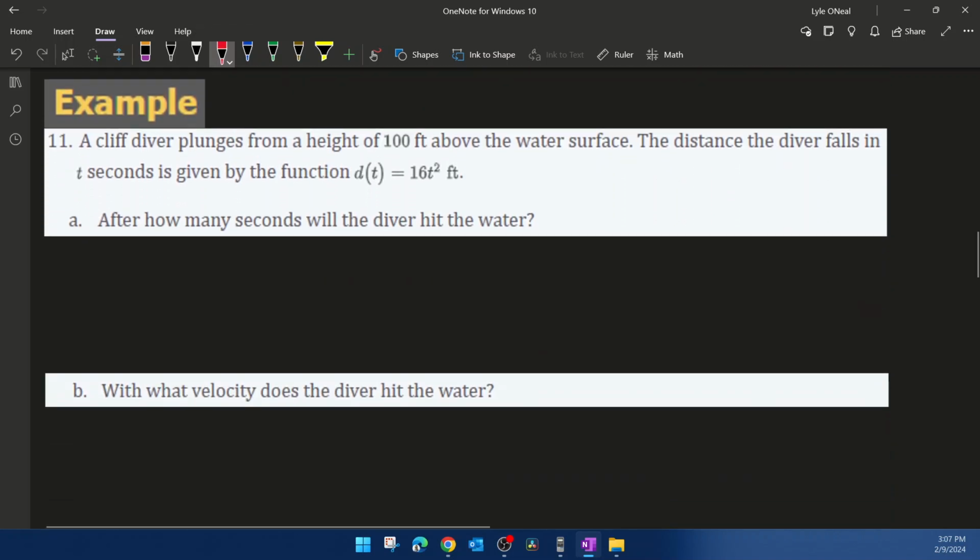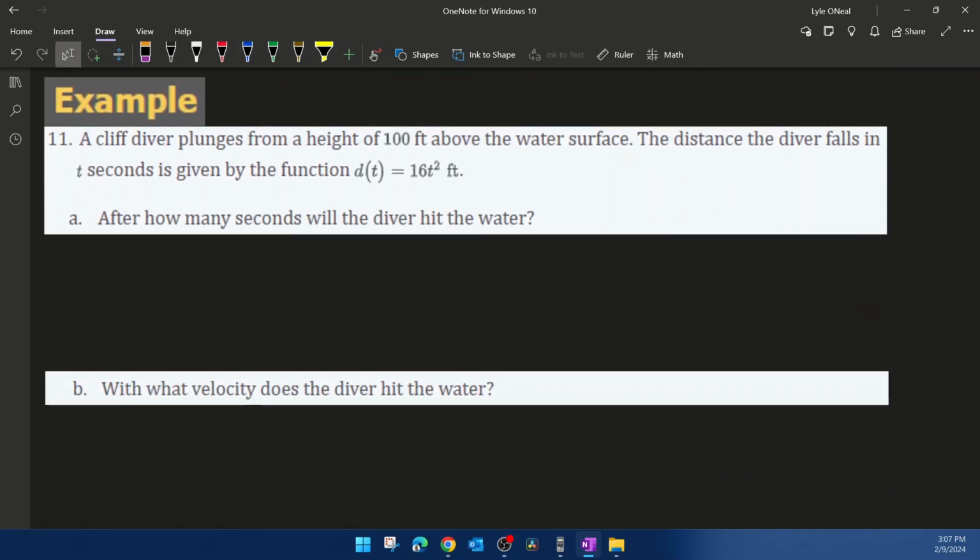And now let's look at an example. A cliff diver plunges from a height of 100 feet above the water surface. The distance the diver falls in t seconds, so t is time, is given by this function. And the distance, again measured in feet.